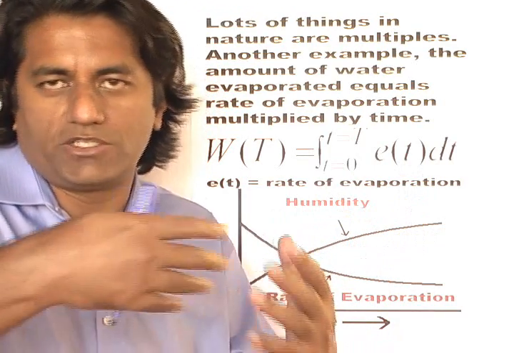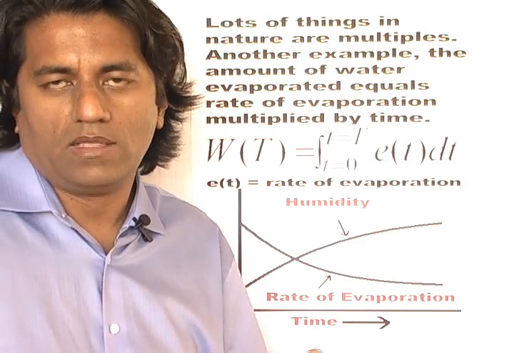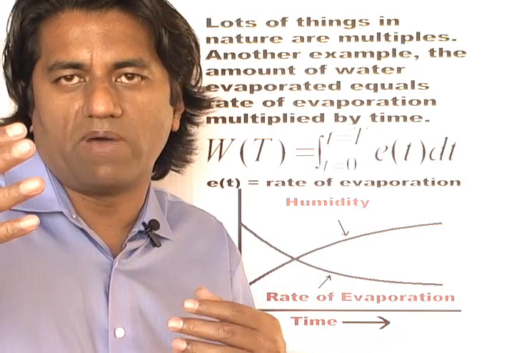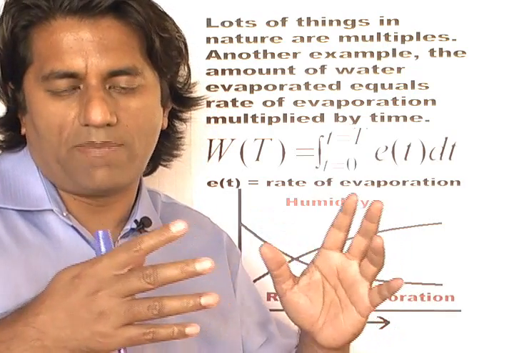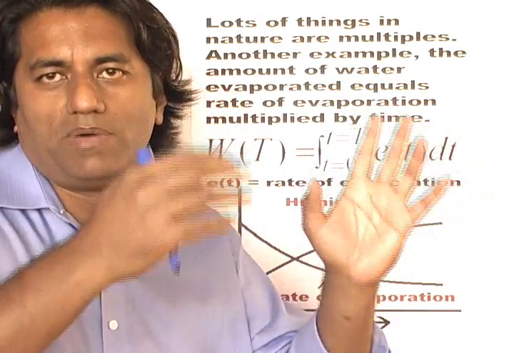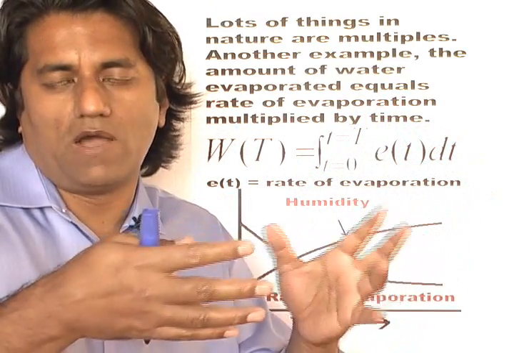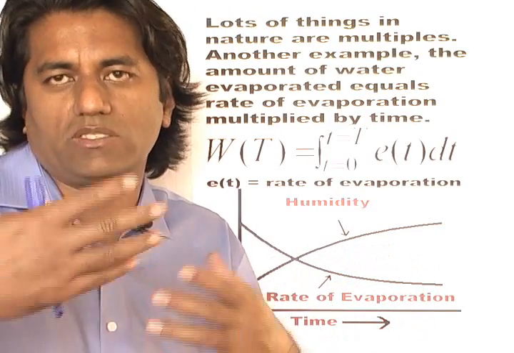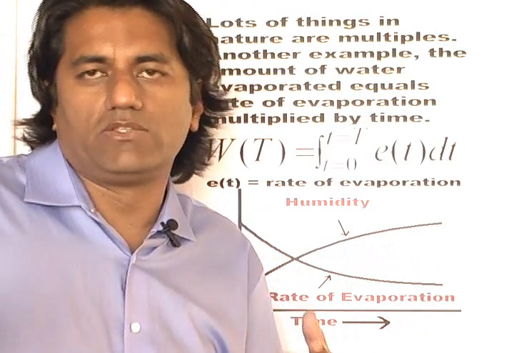The rate of evaporation is going to fall. So you can't just say that the water evaporates for 1 hour at a rate of half a gallon per hour, and therefore half a gallon evaporated. You can't do that simple multiplication because the rate of evaporation is changing through time.